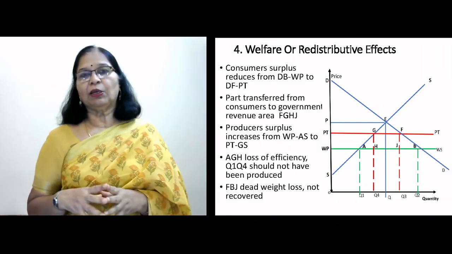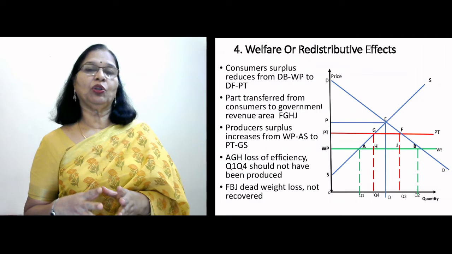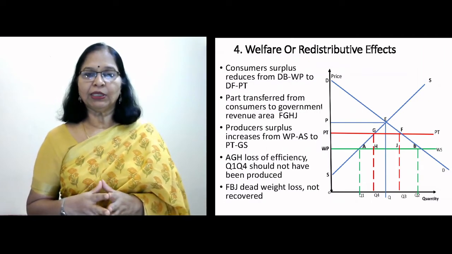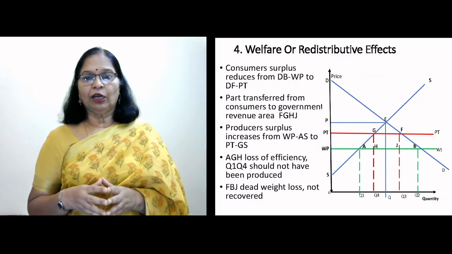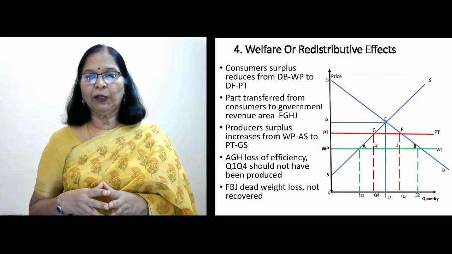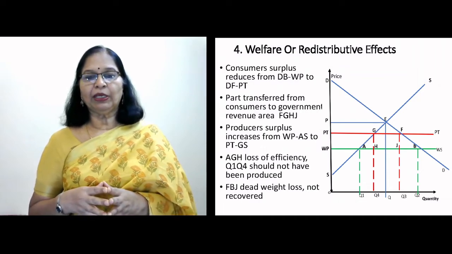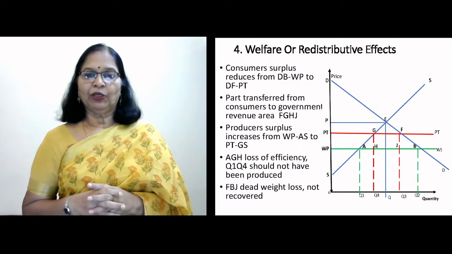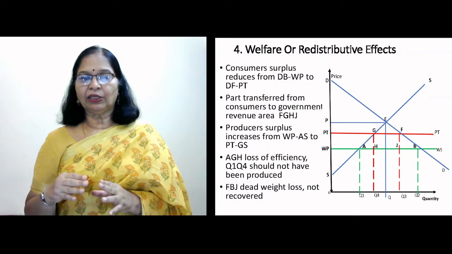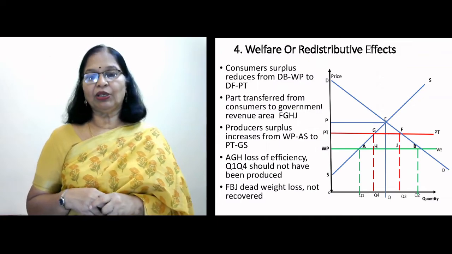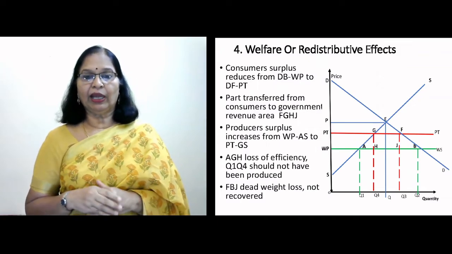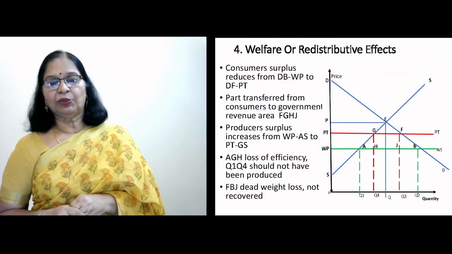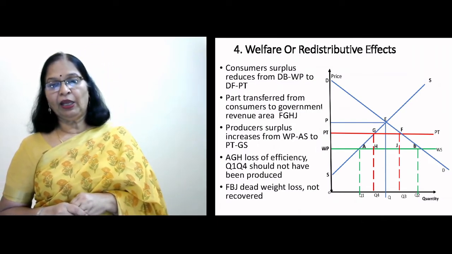So consumer surplus, as I have told you, will reduce when there is an imposition of tariff. So consumer surplus reduces from DBWP to DFPT. So from the green line and the triangle that is coming down, it has reduced now to the red line, and therefore the consumer surplus is much lesser now at DFPT.